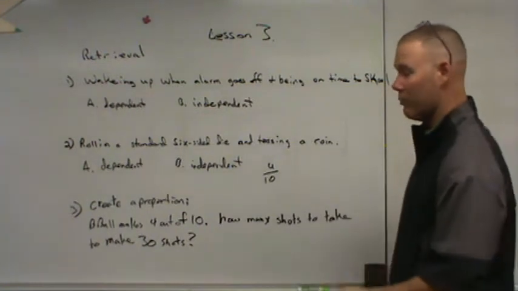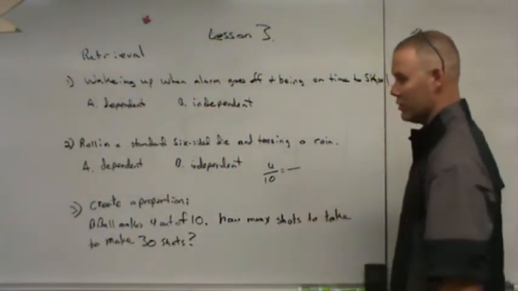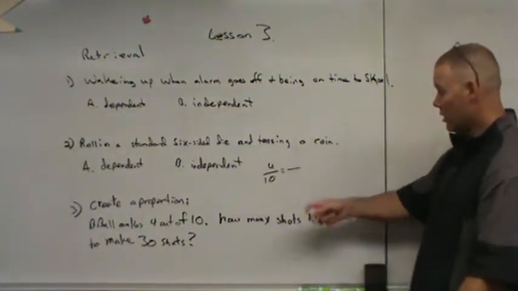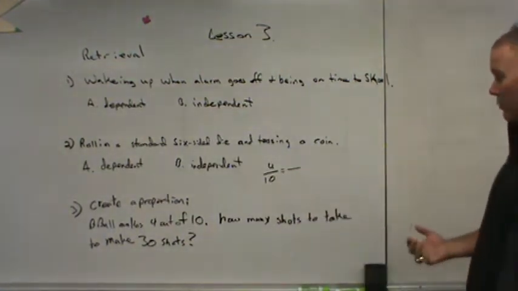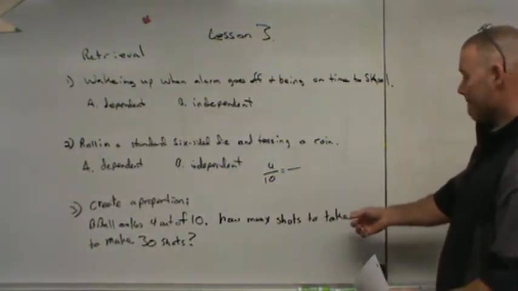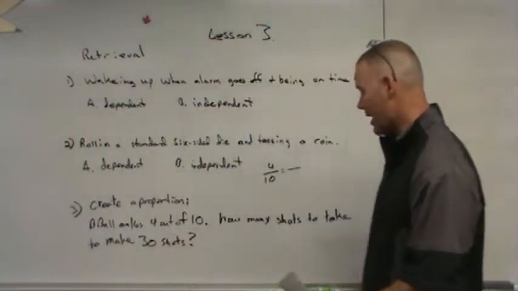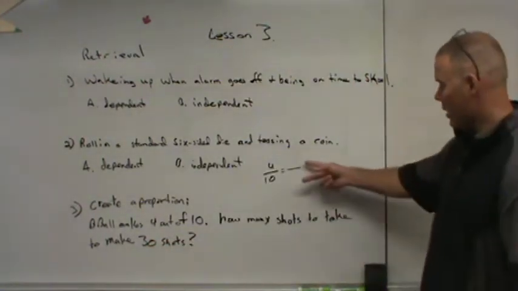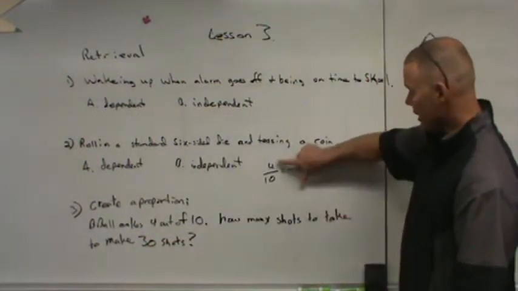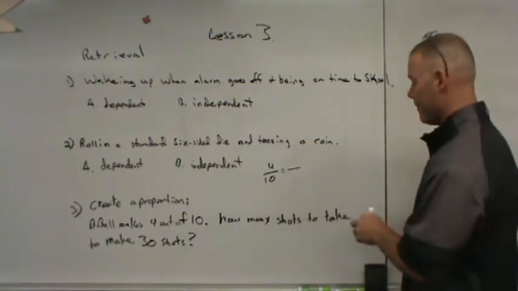Well, what is a proportion? Remember, a proportion is 2 ratios set equal to each other. Well, we already have one ratio. Now we need to create the other, and we need to solve. How many shots will a player need to take to make 30 shots? Well, think about where those numbers have to go. Is 4 the number of shots they made, or is 4 the number of shots they took?